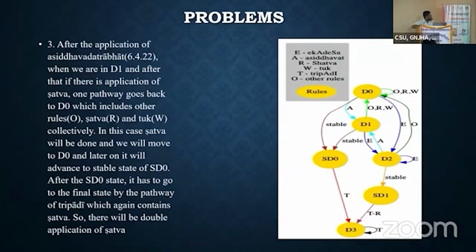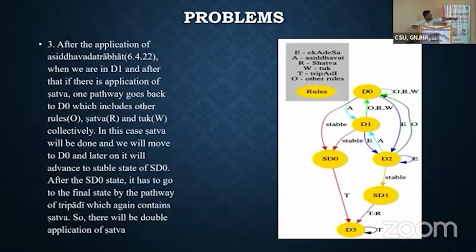The third problem was this: after the application of Asiddhavat, we move to D1, the blue arrow of A, after the application of a Sutra from the Asiddhavat section. And after that, if a Shatva Vidhayaka Sutra is applicable, then the green arrow goes back to D0 and our input goes back to D0.